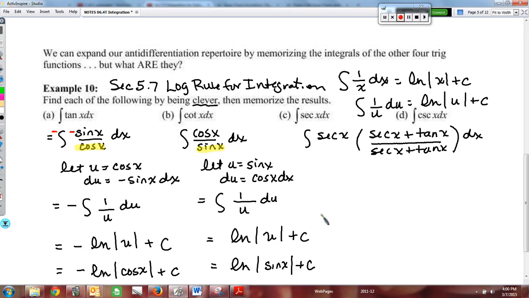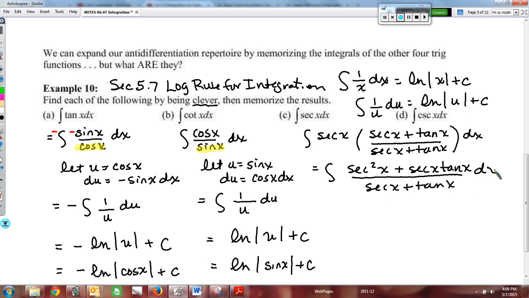Okay, and so we have our dx in here. Now when I do that, notice that I'm going to end up with, on the top, secant squared x, which is a known derivative of something, plus secant x tangent x, which is a known derivative of something, all over secant x plus tangent x.